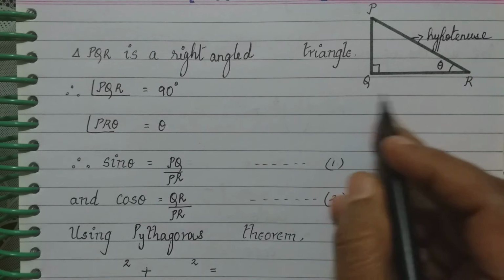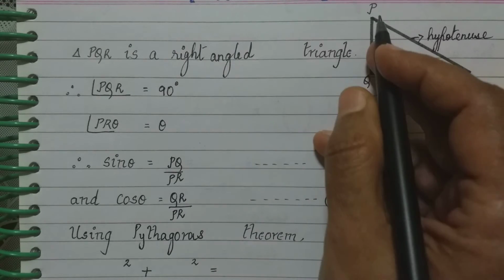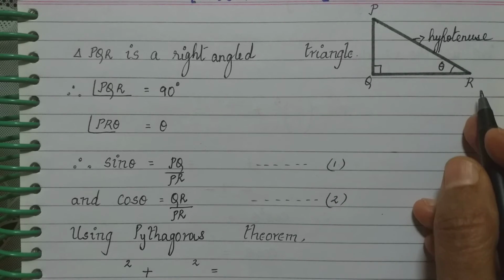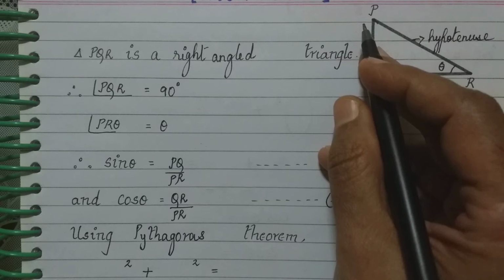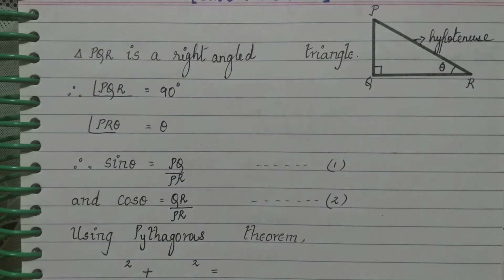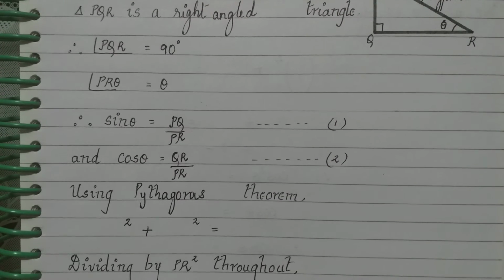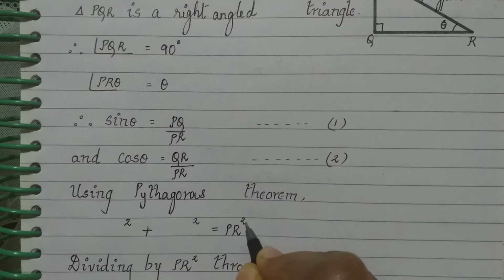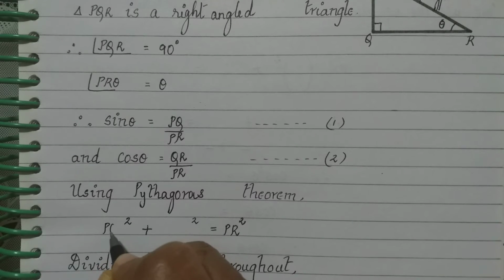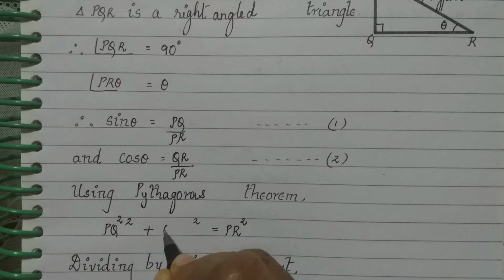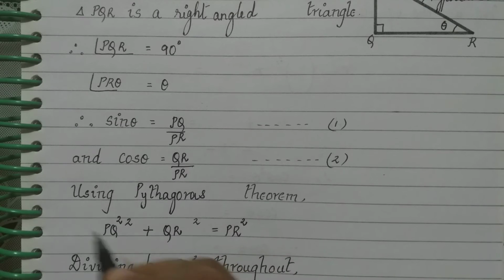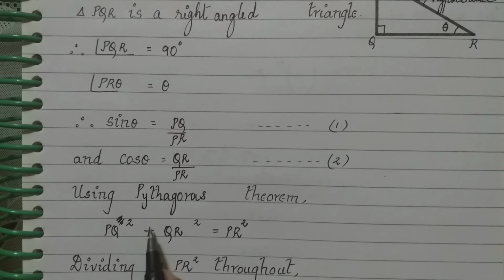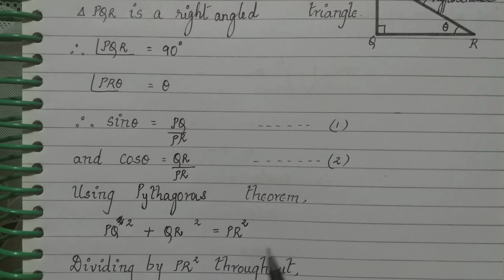hypotenuse square equal to the sum of the squares on the other two sides. Hypotenuse here is PR. The other two sides are PQ and QR. So PR square equal to PQ square plus QR square. So we write PQ square plus QR square equal to PR square.